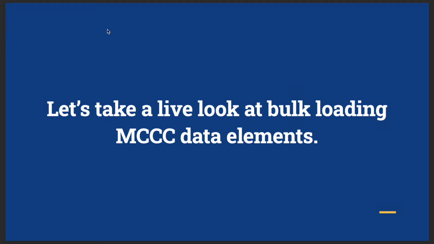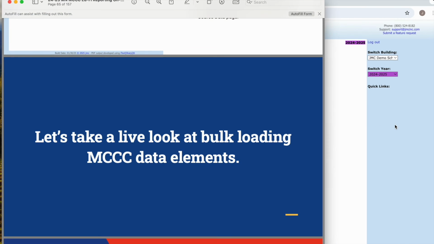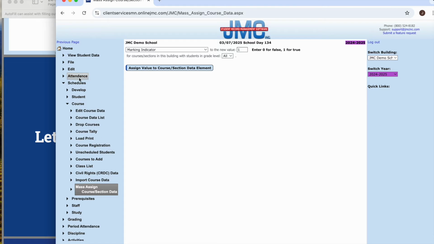So let's take a live look at bulk loading MCCC data elements. I think I just showed you this. Again, we're on the Schedules, Course, Mass Assigned Course Section Data. If you missed that, or if you're jumping into this video right from this section, back it up and take a look at the assigning edit course data.